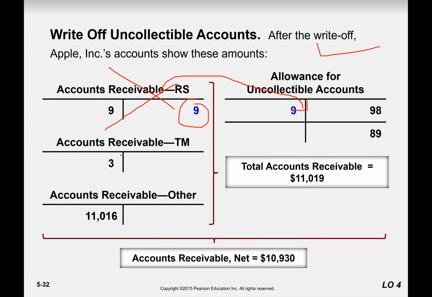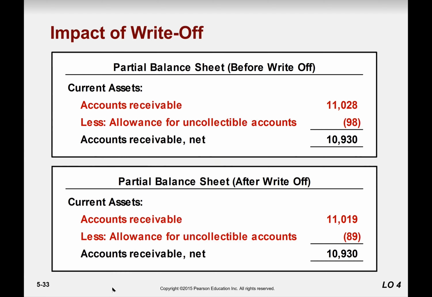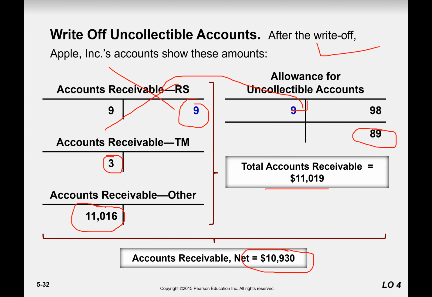Our total amount of account receivable is now 11,019 minus the rest of the allowance here. So you see here, it remains the same, 10,930. Now our planning and our balance sheet is not disturbed, right?